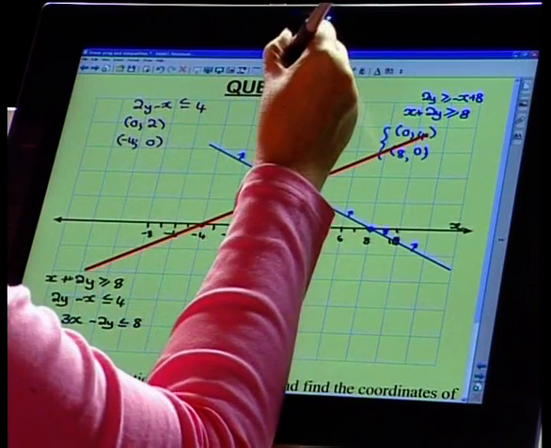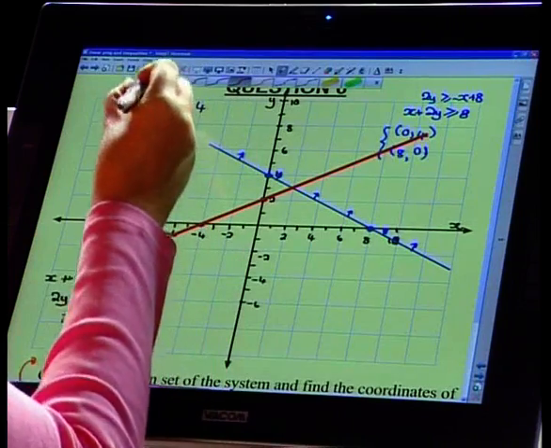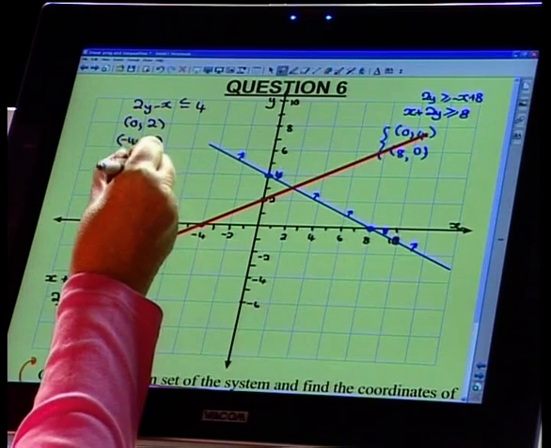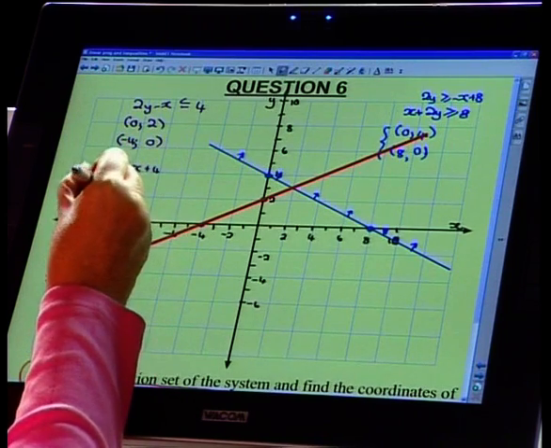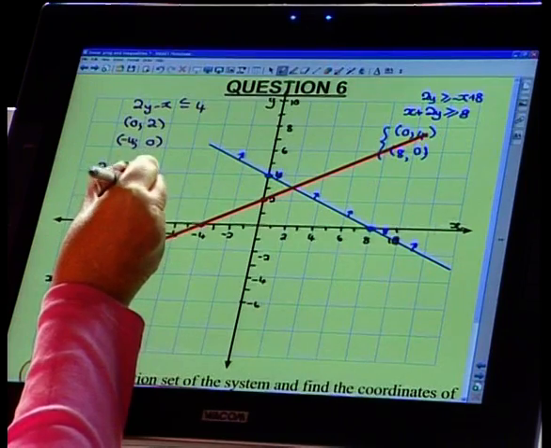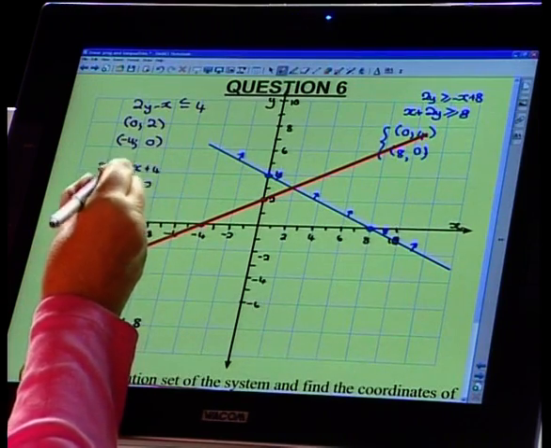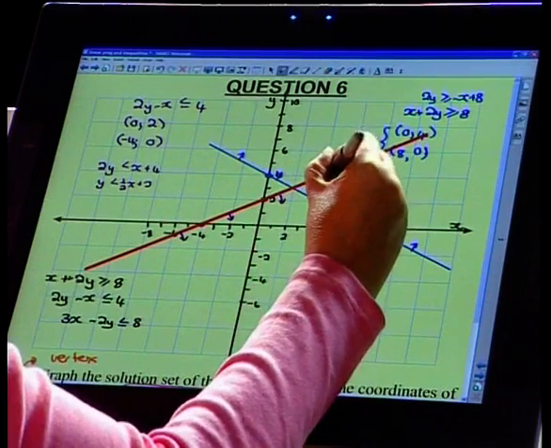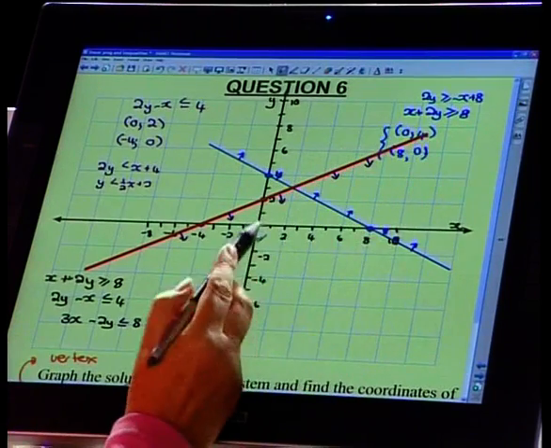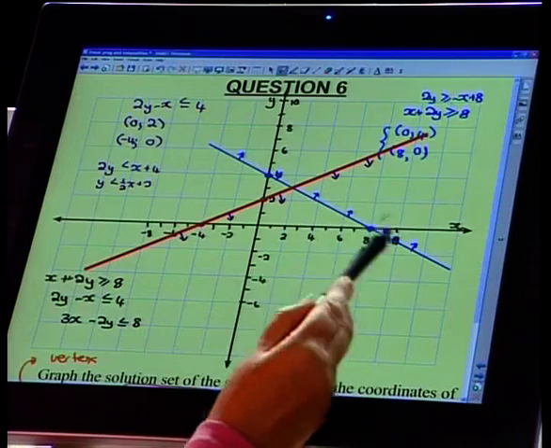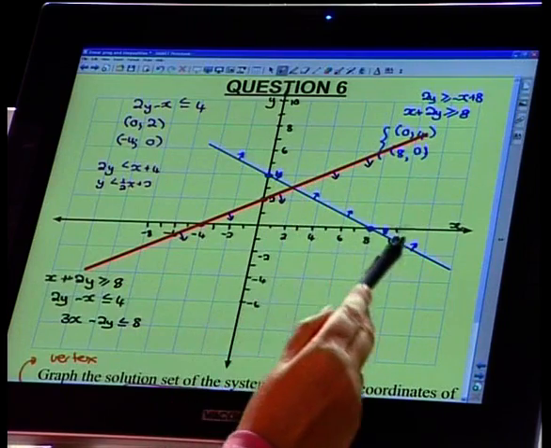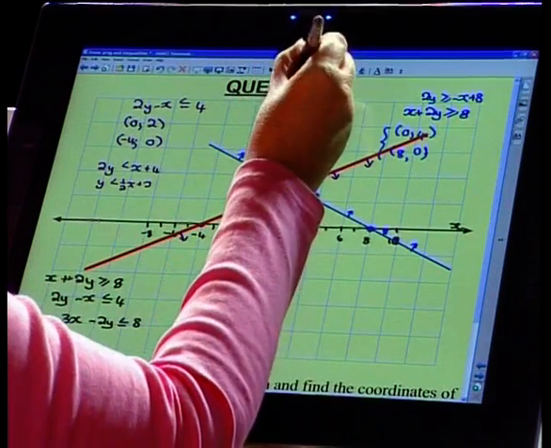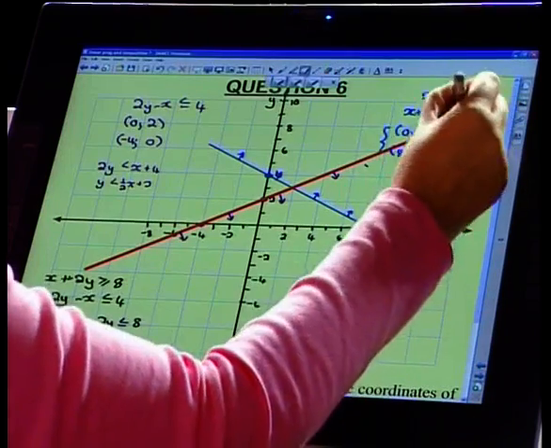And then if I look at the purple line, here I've got 2y smaller than x plus 4. So y is smaller than a half x plus 2. And you can see it's smaller than, it's underneath, so I'm shading over here. Now, do you agree with me? At this moment, without putting the third one in, it's clearly that the shading that's common is here in this portion here. All right, let's go and look at the last graph. And I'm just going to erase that so I've got some room to work.